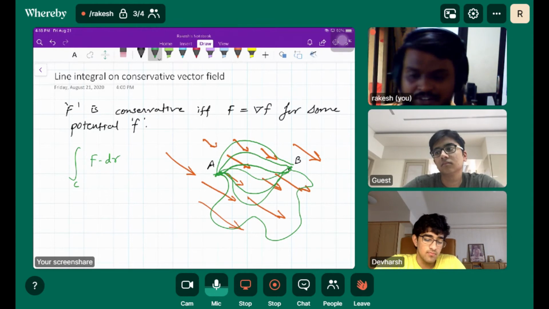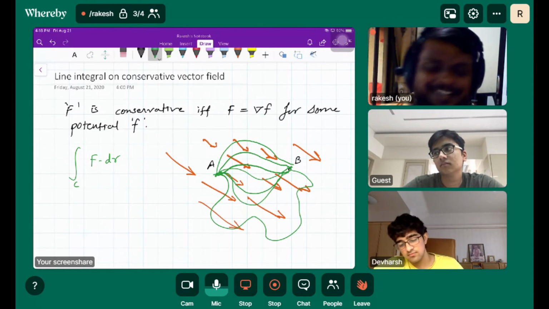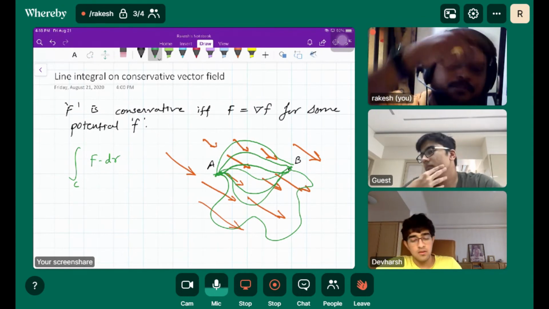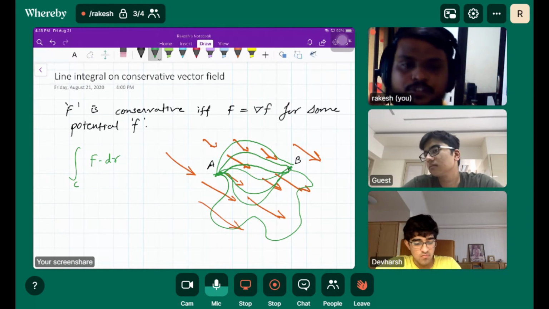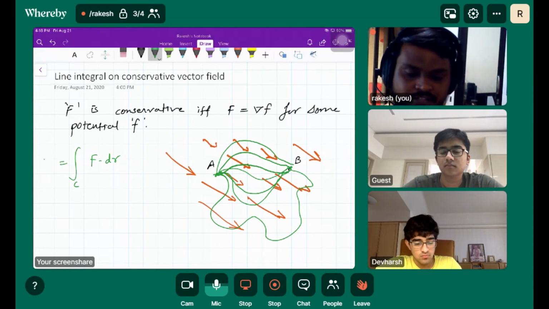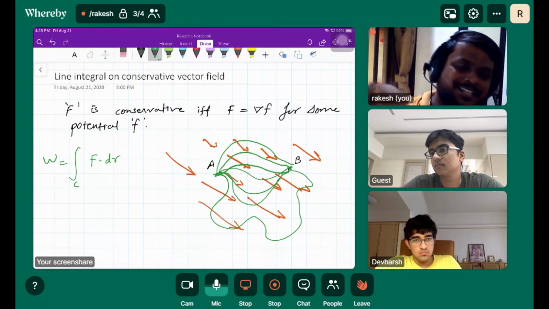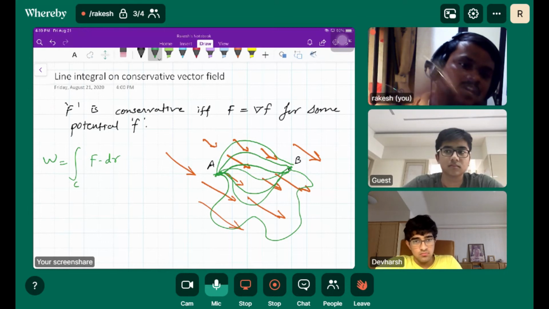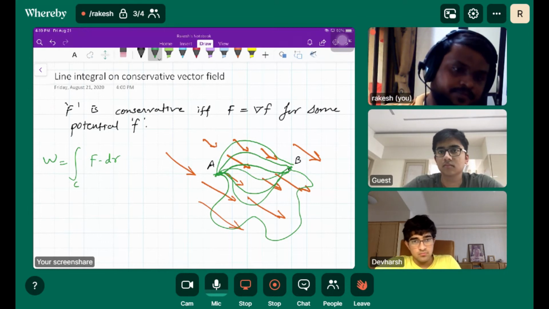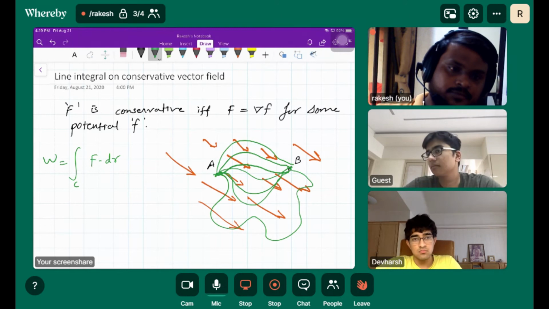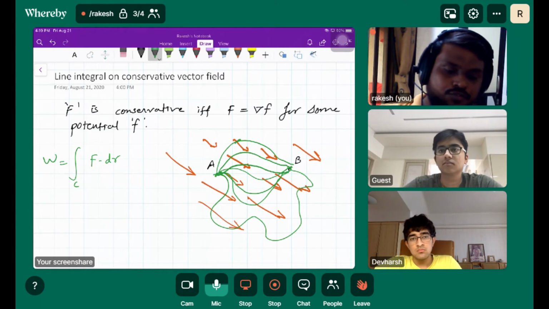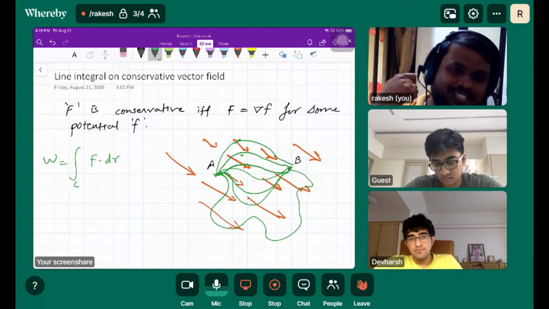If we have a conservative vector field, the line integral is independent of path. So if we have to find the work done, this is the formula of work done, right? The line integral is independent of path if we have a conservative vector field. Got the idea here? Means whatever path you choose doesn't matter. The work done is going to be the same.